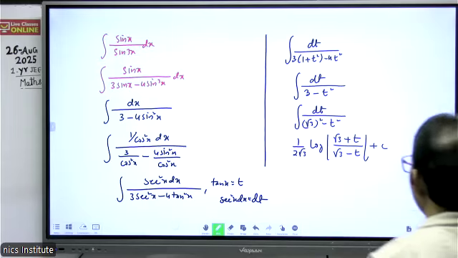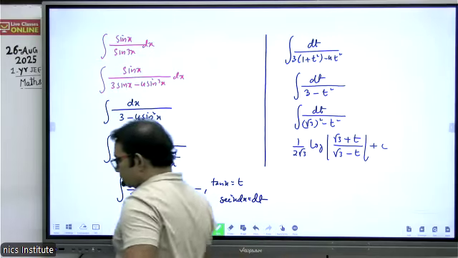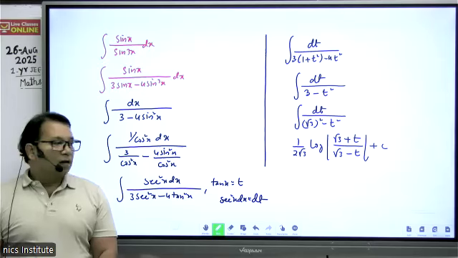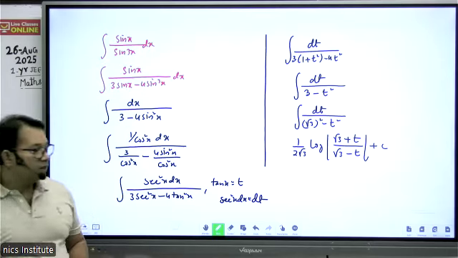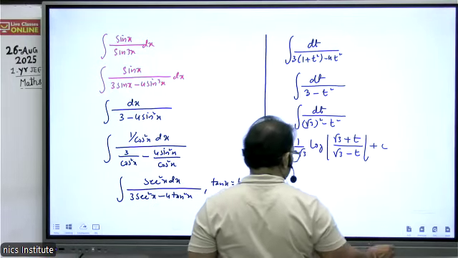So now we'll move to partial fractions. If you have a polynomial in the numerator and a polynomial in the denominator, which is factorizable also, we use partial fractions.